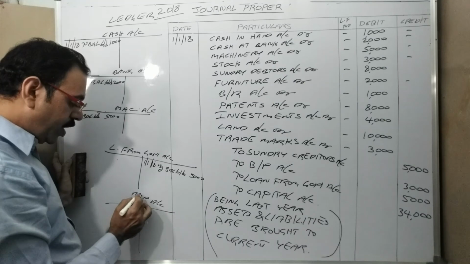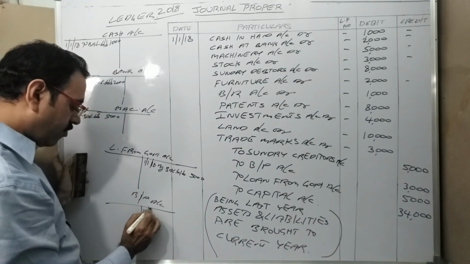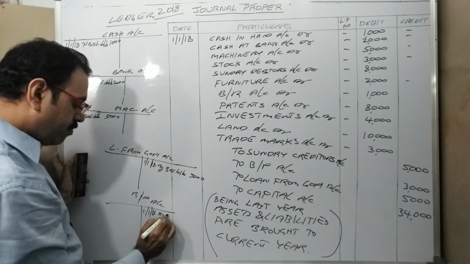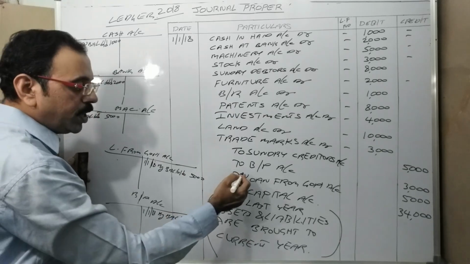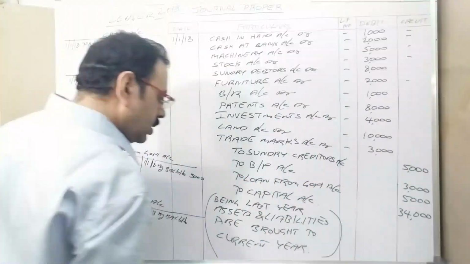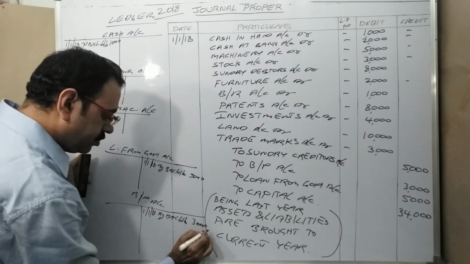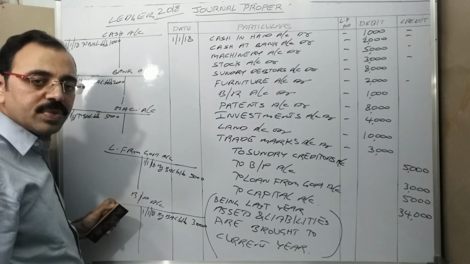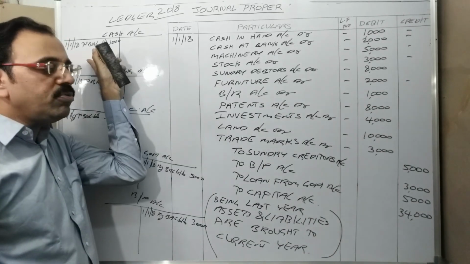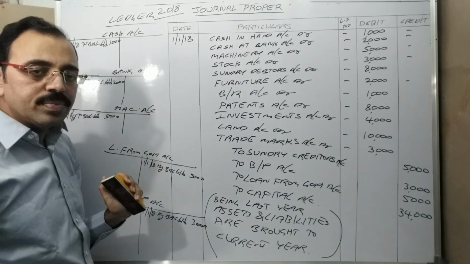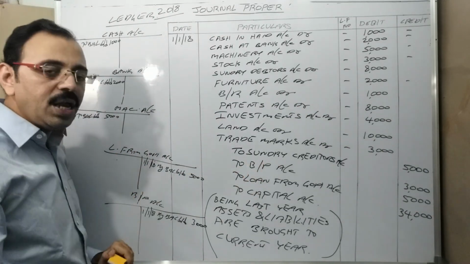Similarly, by bills payable account, since it is a liability, credit side, 1/1/18, by balance brought down. Bills payable amount is 3,000, no? 3,000. Clear? In this manner, if it is an asset account, on the debit side we should post this entry. If it is a liability account, then on the credit side we should take that amount.